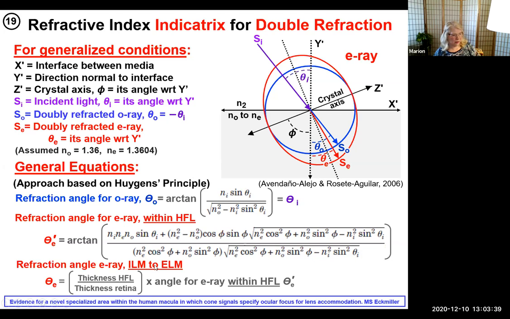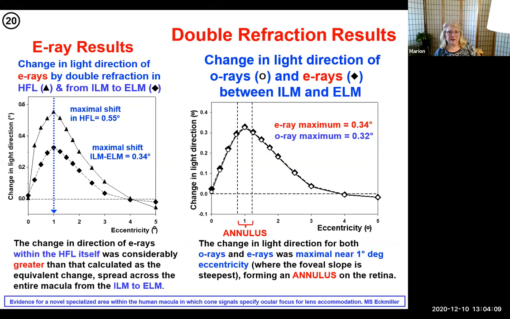We have to multiply that theta prime of the E, which is here within the HFL, by the relative thickness of the HFL. So if we multiply that by the thickness of the HFL divided by the thickness of the retina, we get the comparable, fair calculation of what direction that E-ray is going to be going through, how much it's going to shift.